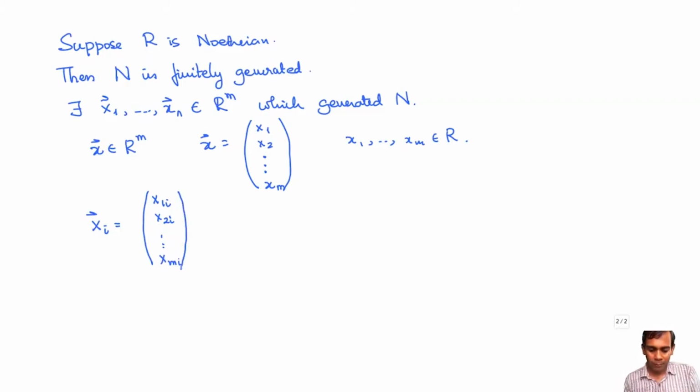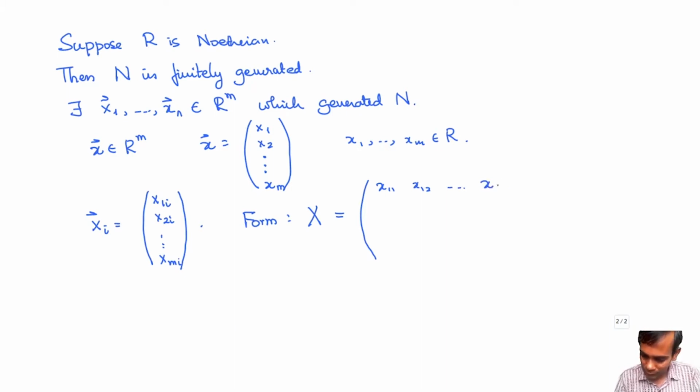Okay, then let's form the matrix X, whose entry in the ith row and jth column is xij. So it is x11, x12, and how many of these vectors x are there?